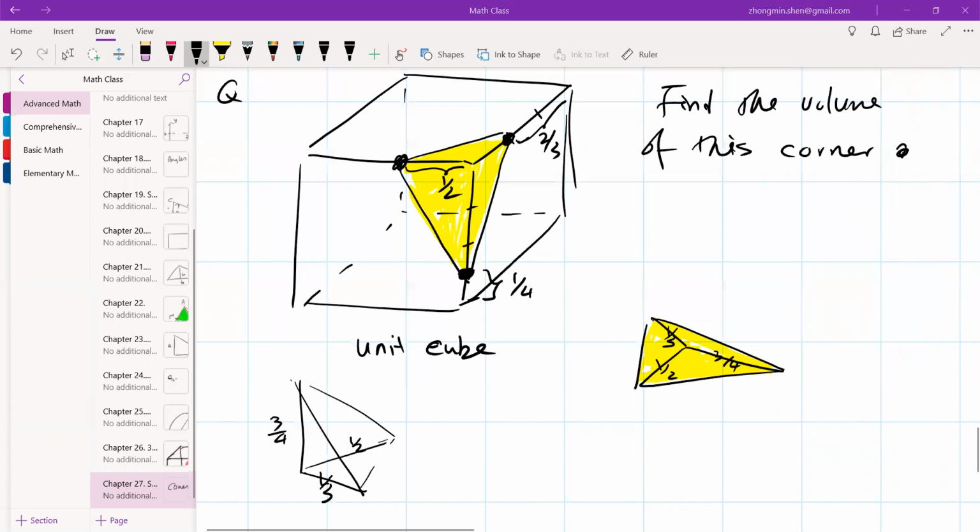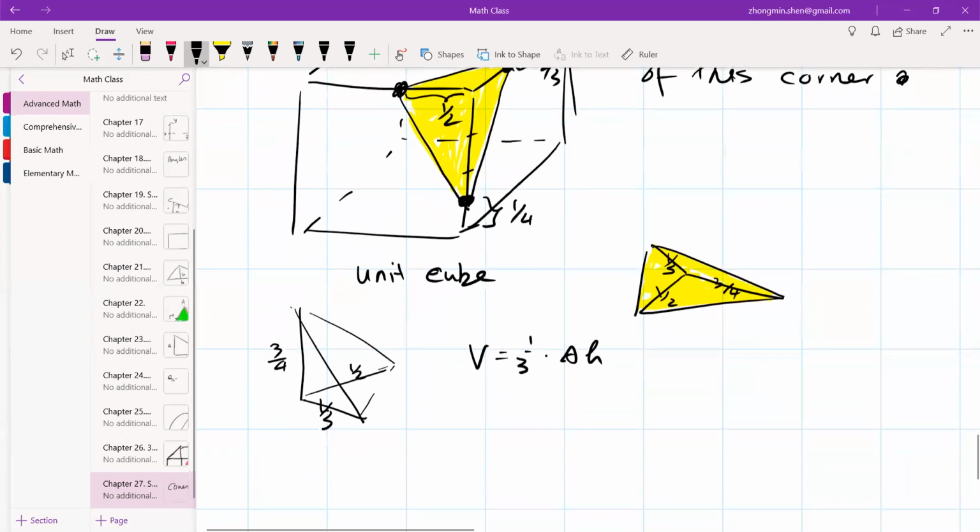All right, so this is a pyramid. It's a cone-like solid. The base is a triangle, a right triangle. So the volume is going to be 1/3 the base times height. The base is a right triangle, right? It's going to be 1/3 times 1/2 divided by 2.